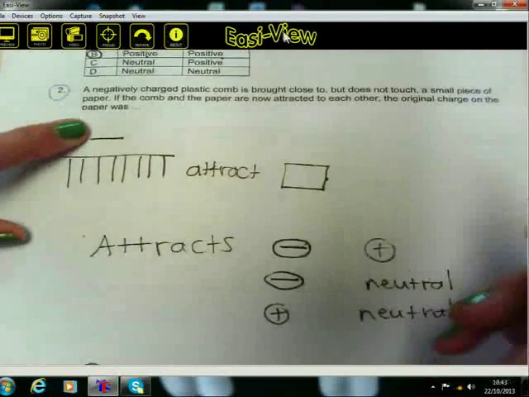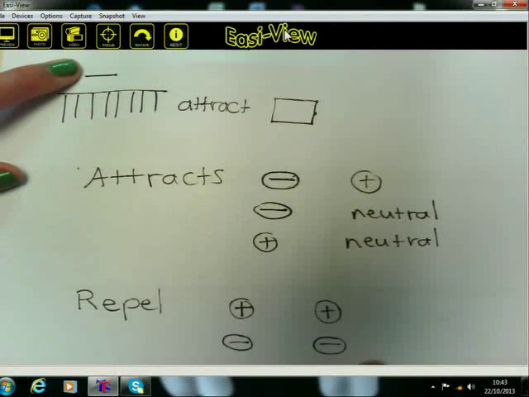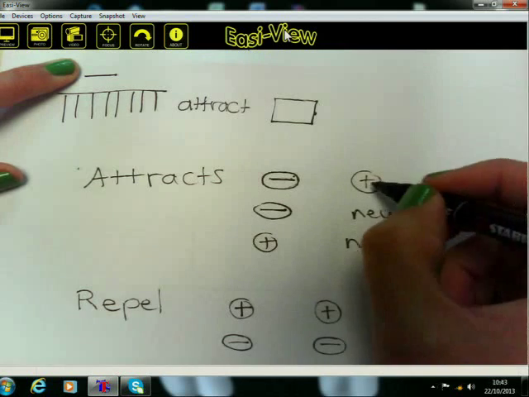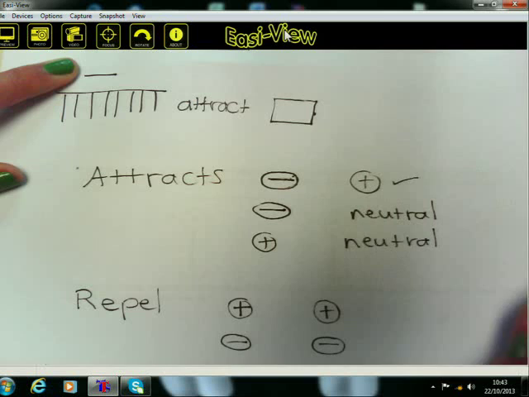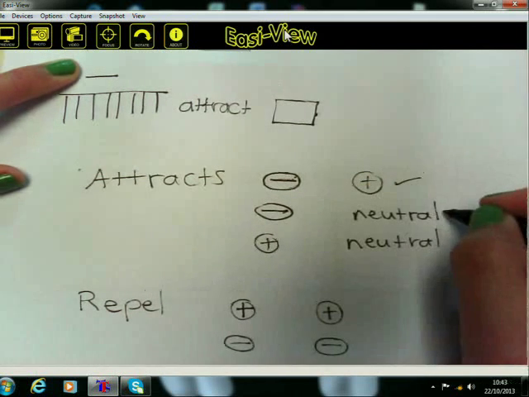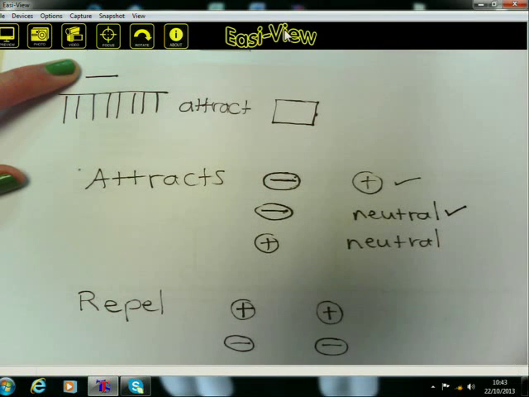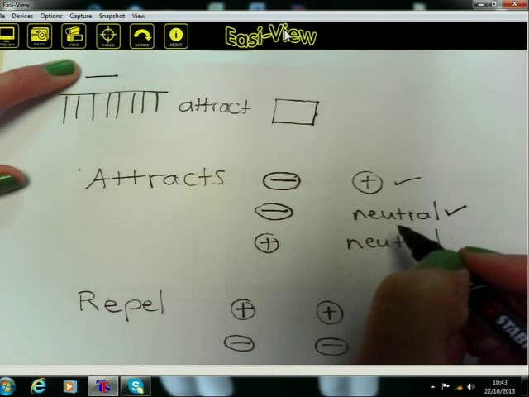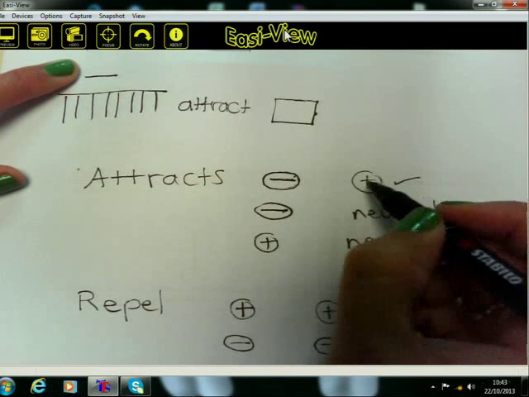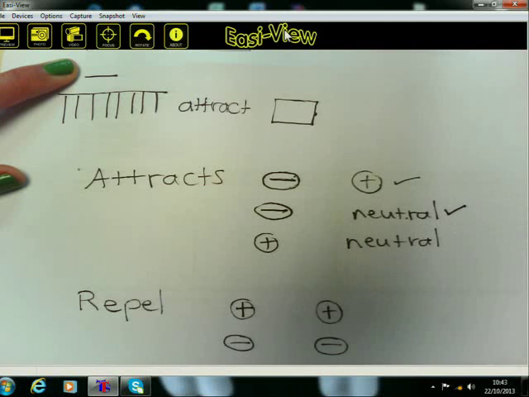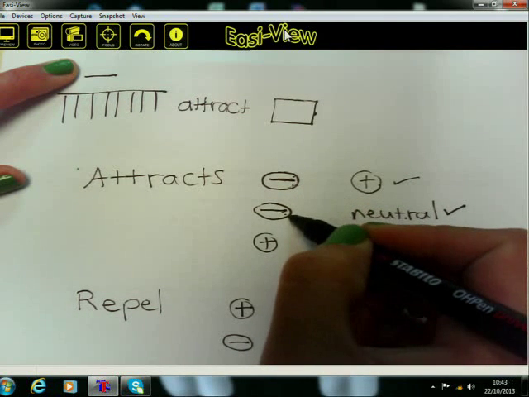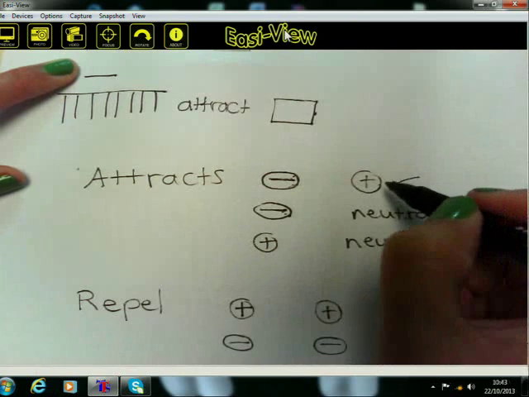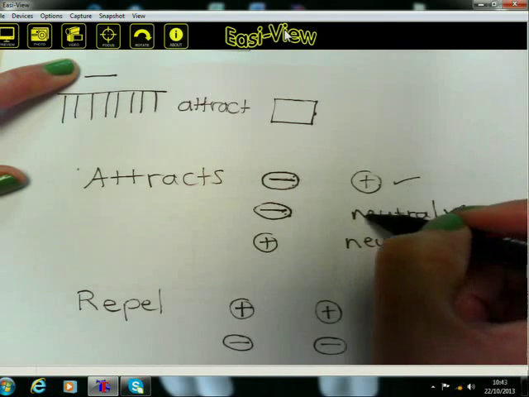If this one's negative, the only two options that will attract are negative and positive, and negative and neutral. So you must look for an answer that says it can be either positive or neutral, because the comb is already negative. The comb is negative, so the paper must then be either positive or neutral.